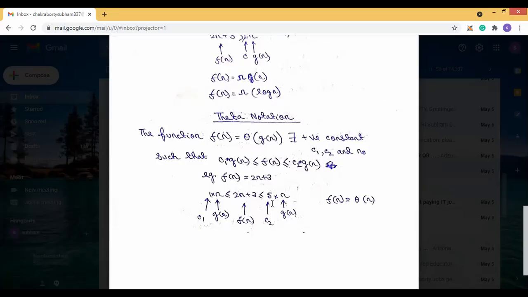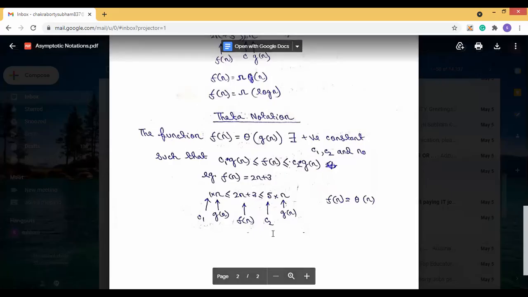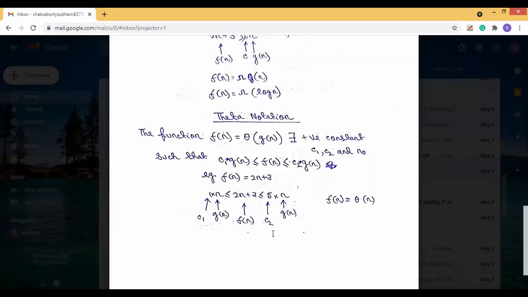So that's why in case of theta notation, we are only able to write f(n) equal to theta of n. We cannot write theta of log n, because it is the lower bound of a function, or theta of n square, because it is the upper bound of any function. So that's how theta notation works. Clear?